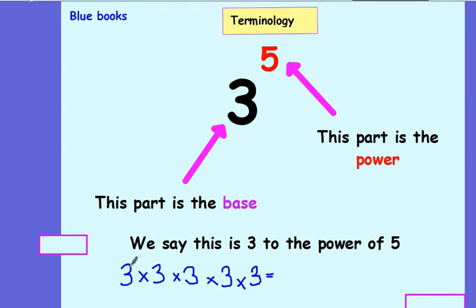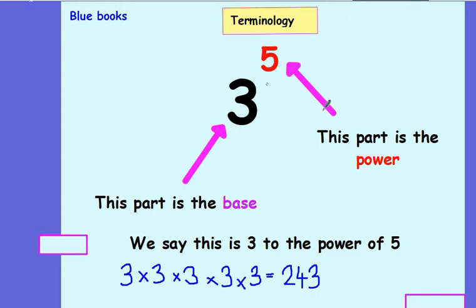I could work that out. 3 times 3 would give me 9. 9 times 3 would give me 27. 27 times 3 would give me 81. And 81 times 3 would then give me 243. And this is called evaluating the power, when we work out what 3 to the 5 actually means.